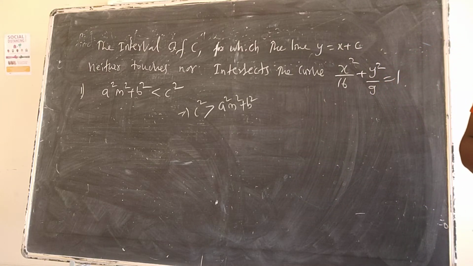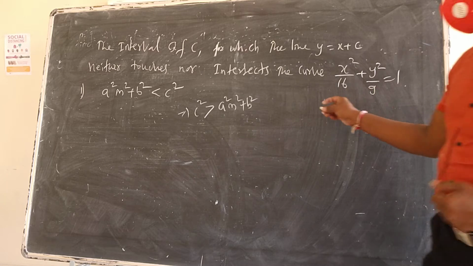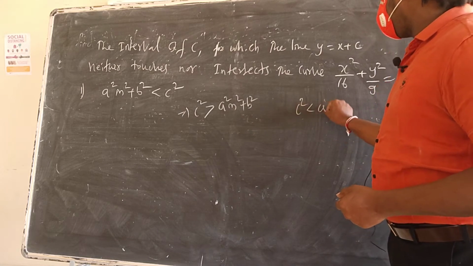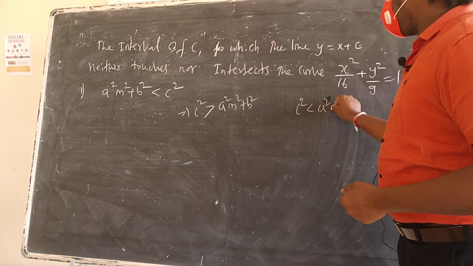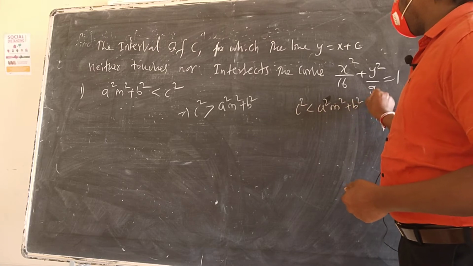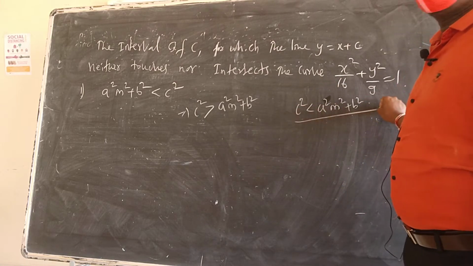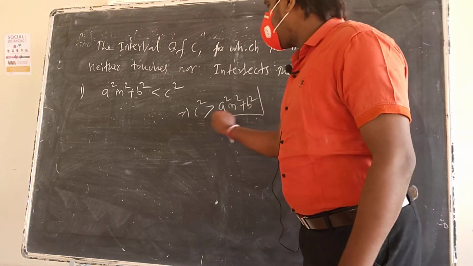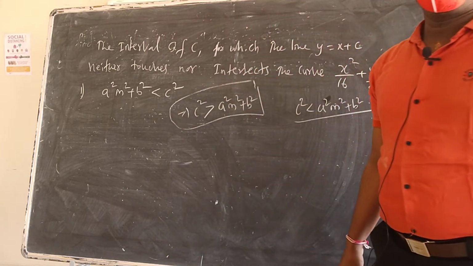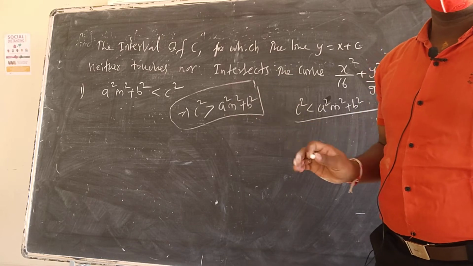Suppose it intersects, then you use c square less than a square m square plus b square. This is for intersect, this is for neither intersecting nor cutting, and the previous one is touching.